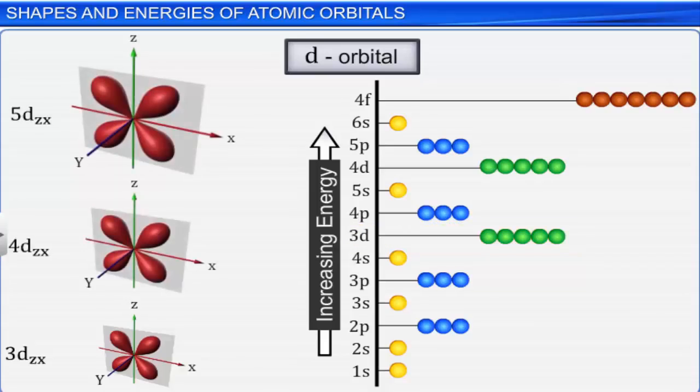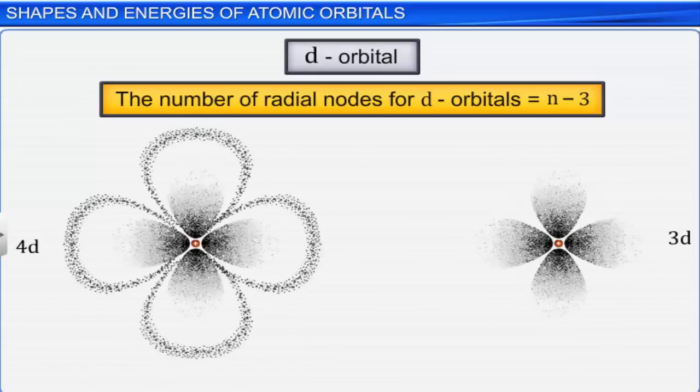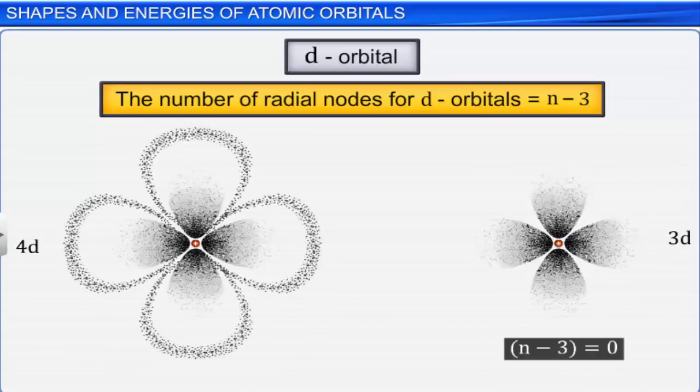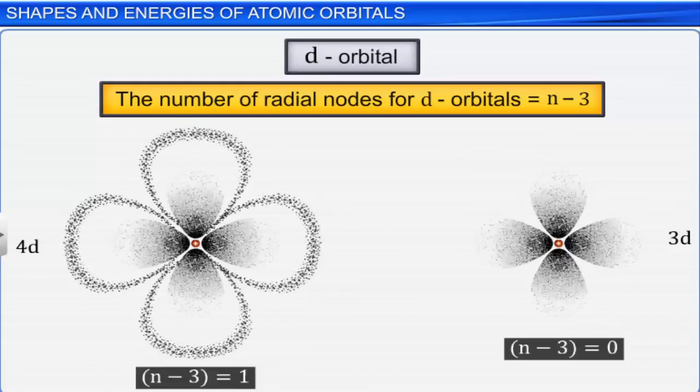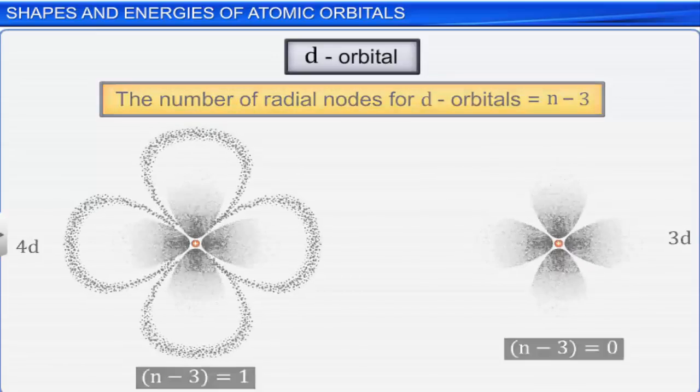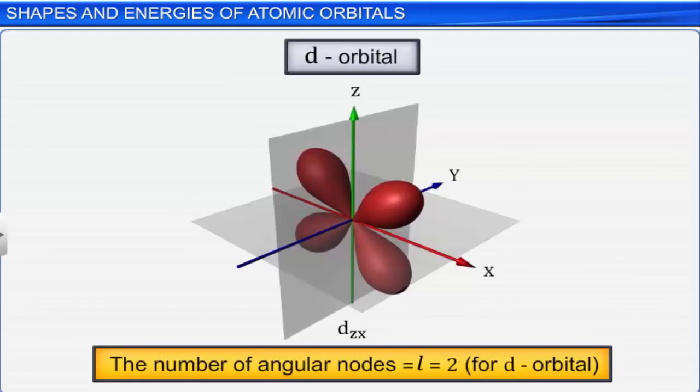The number of radial nodes for d orbitals is given by the expression n-3. Therefore, the number of radial nodes is 0 for 3d orbital, 1 for 4d orbital, and so on. On the other hand, the number of angular nodes is equal to the value of l, that is 2. Hence, 2 angular nodes exist for a d orbital.